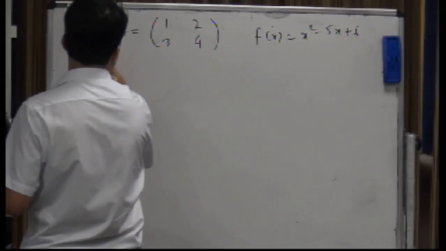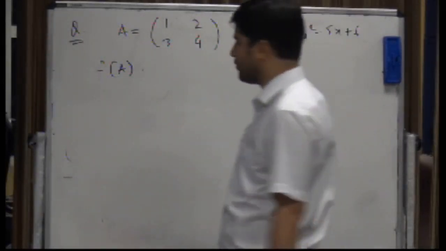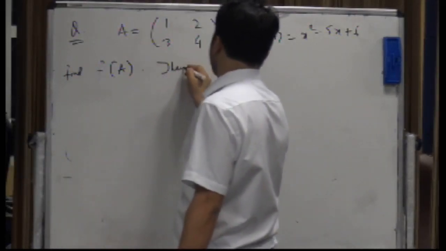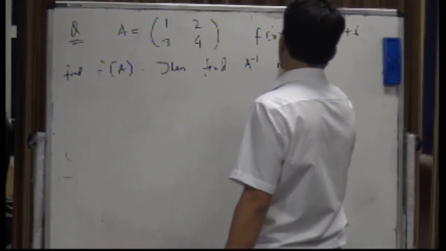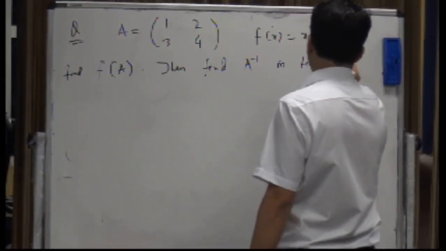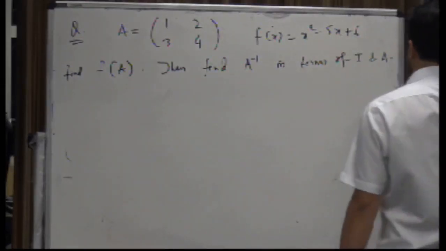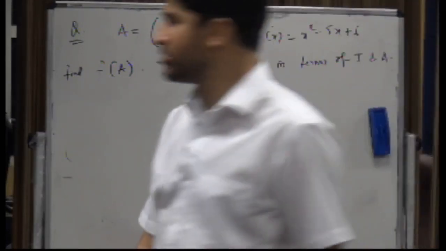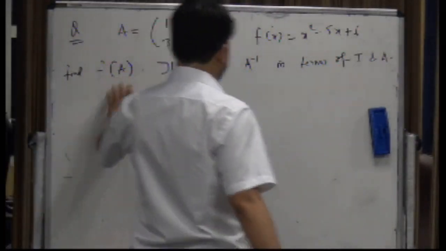You have to first find f of A, then find A inverse in terms of I and A. Everybody understands what I is, right? Identity matrix. And A is already given. Now first you have to find this.